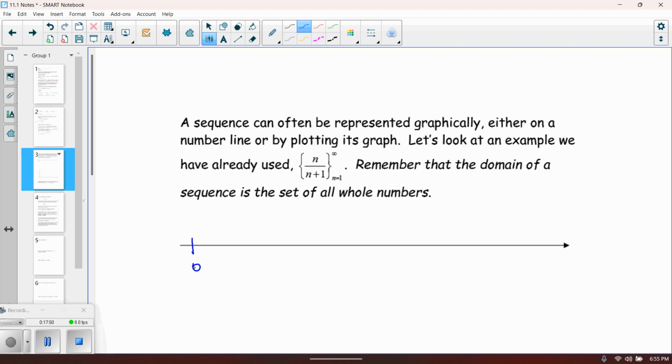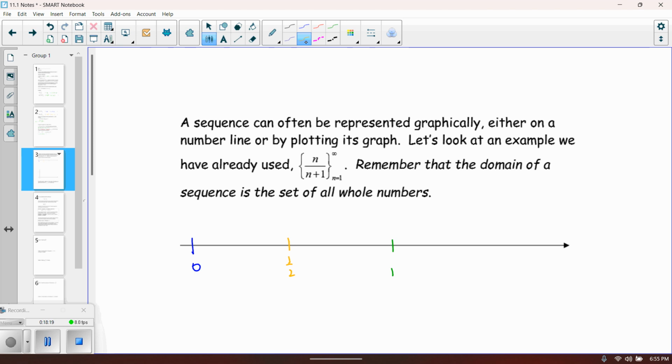Let's see if we can start writing the terms out. So the first term that we had was 1/2. When we plugged in 1, we get 1/2. We'll put a half right here. The next one we had was 2/3. So I'm just going to, for the sake of figuring out exactly where all these pieces are going to go, it might be easier to put a 1 out there.